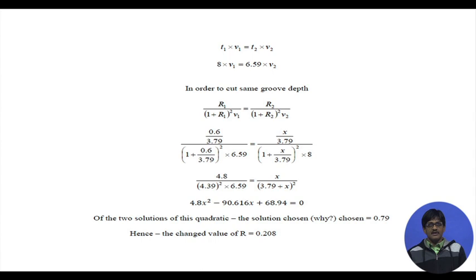So, groove depth and groove length have to be the same, and velocity, as it affects the groove depth, and the loading factor affects the groove depth. So, they have to be properly taken care of, so that you can maintain the same groove depth and the same length of groove.